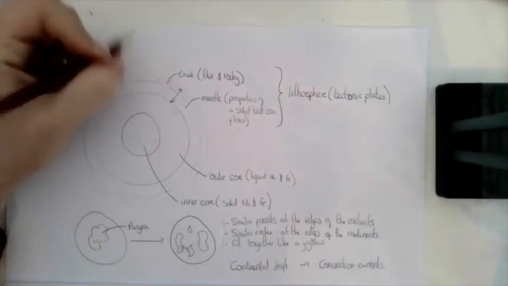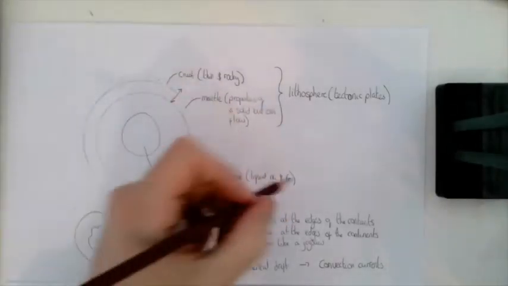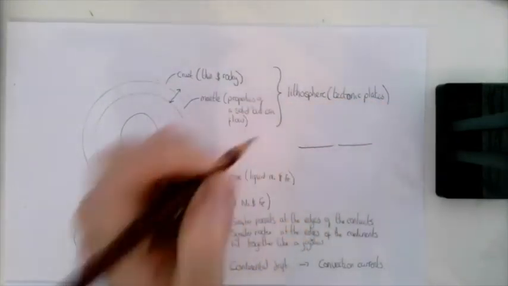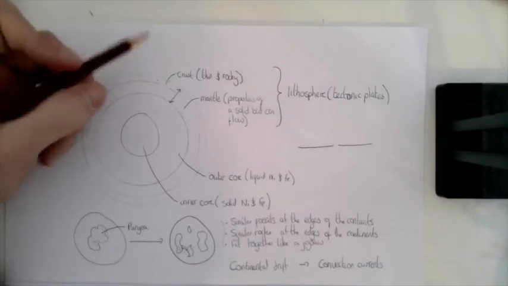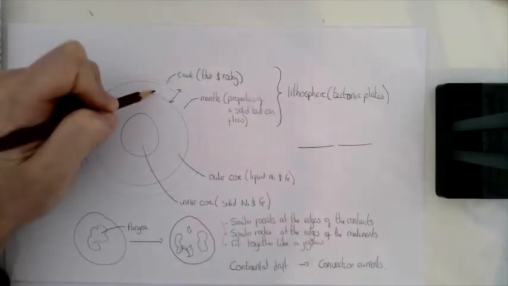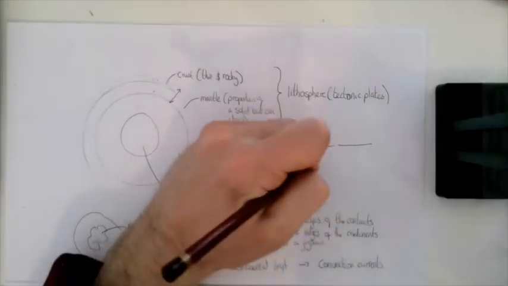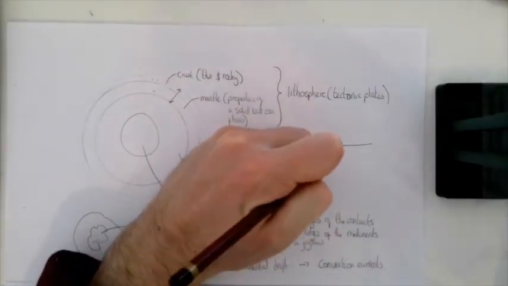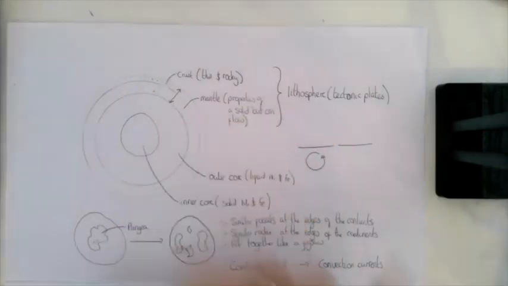So you've got these tectonic plates. Maybe if I draw a separate diagram, you've got the tectonic plates, which all are fitting together, broken into pieces in the crust and the mantle. And underneath them you have currents of molten rock, so magma, which are moving around.